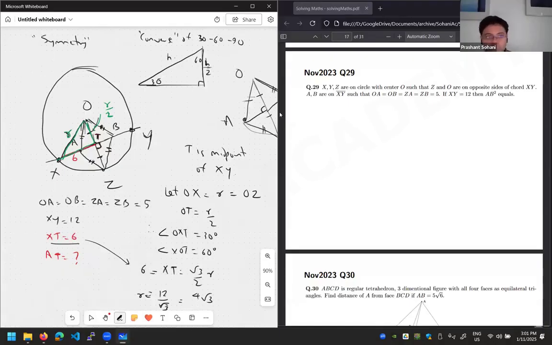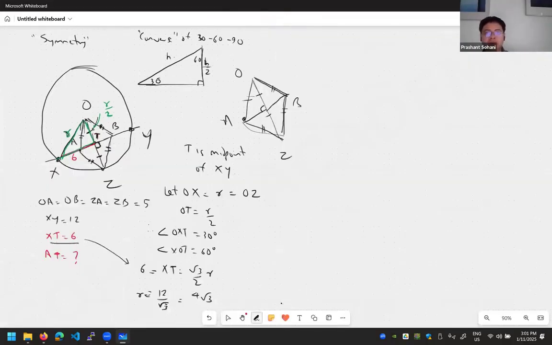Finally, we have to calculate AB square, so we want to find AT. We have all the information to do that, because in triangle OAT, AT square will be OA square minus OT square.